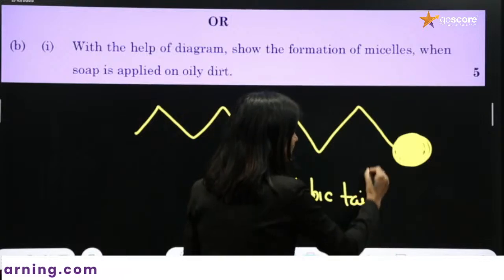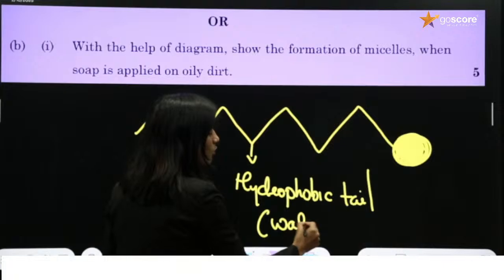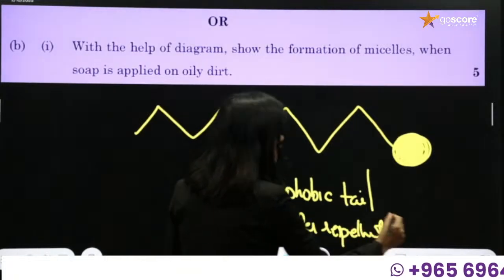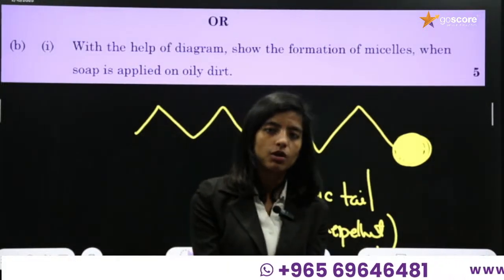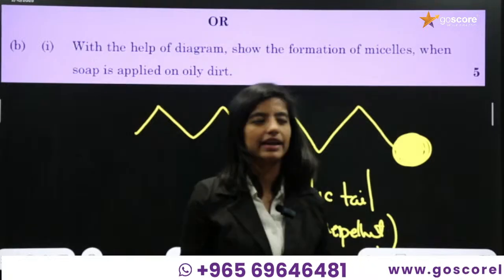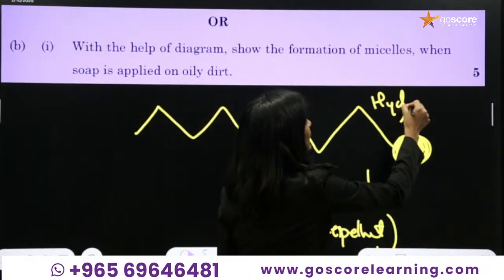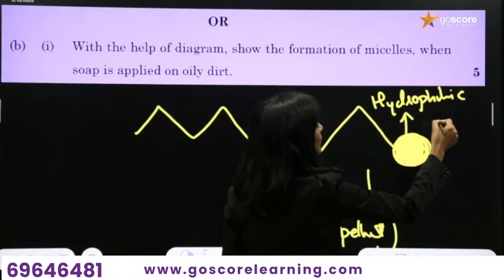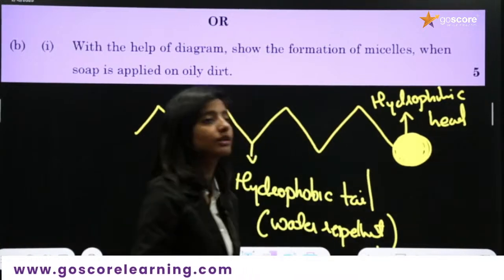This is nothing but your hydrophobic tail, which is water repellent. It doesn't like water, but it loves oil. Now coming to the head, this is your hydrophilic head, which is in love with water, the water-attracting species.